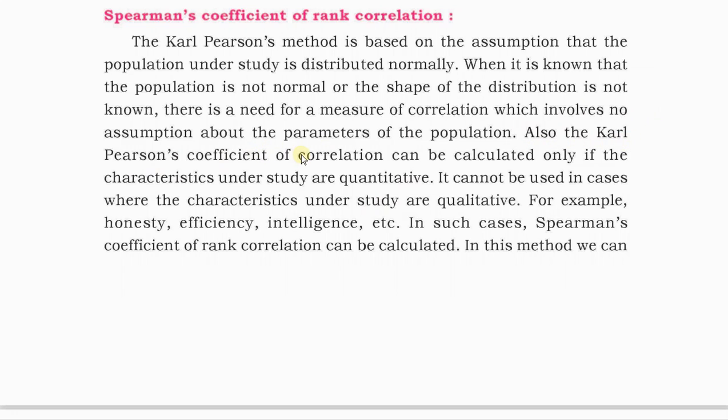Karl Pearson's correlation coefficient can be calculated only if the characteristics under study are quantitative. This is the important point to focus on here. So Karl Pearson's method is applicable if the data is quantitative. But if the characteristics are qualitative, it will be difficult to apply this method here.